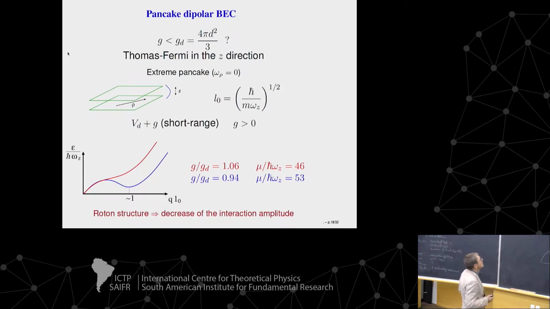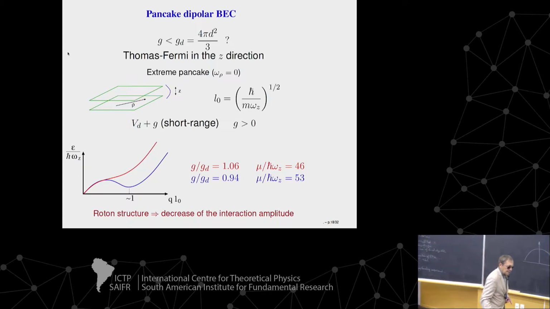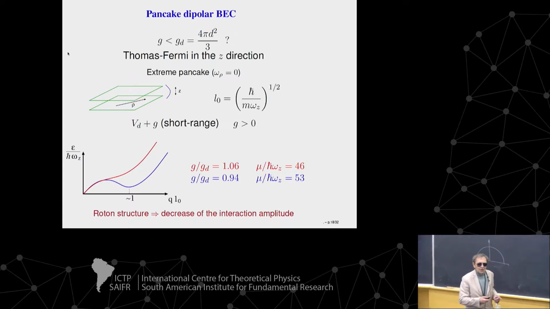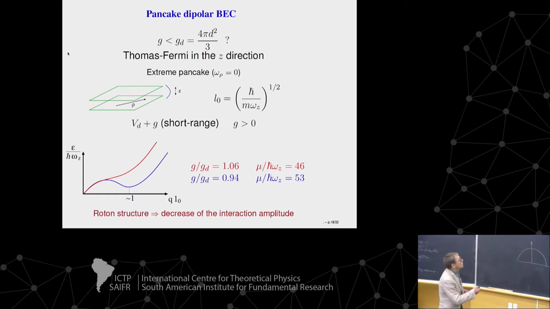Now I turn to something very interesting. People were wondering for quite some time what kind of interesting quantum states they can obtain with dipolar bosons. One of the first works on this subject considered G, the short-range interaction, smaller than G dipole.